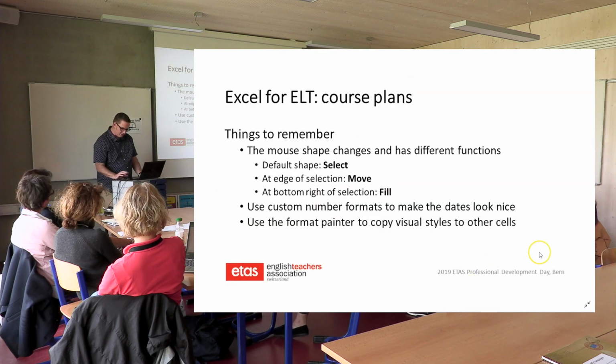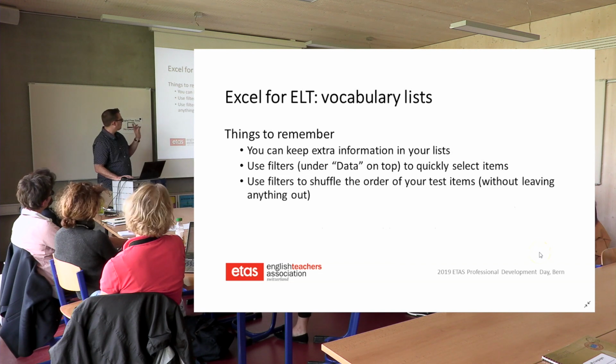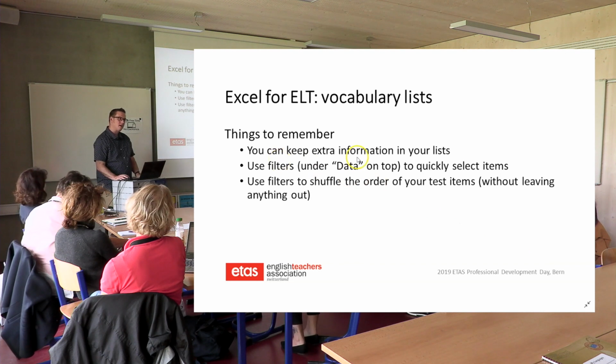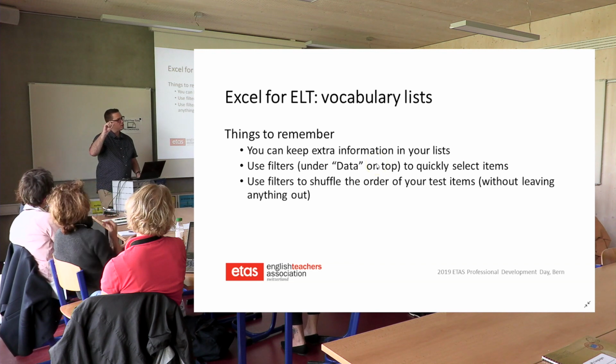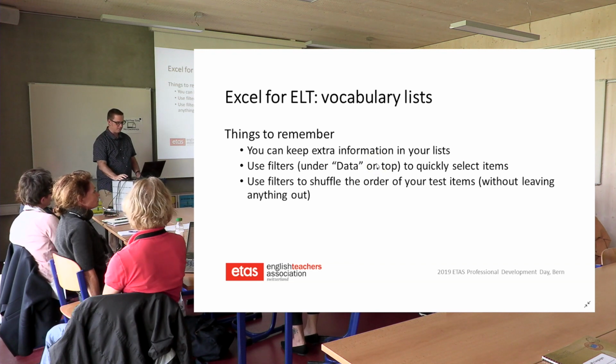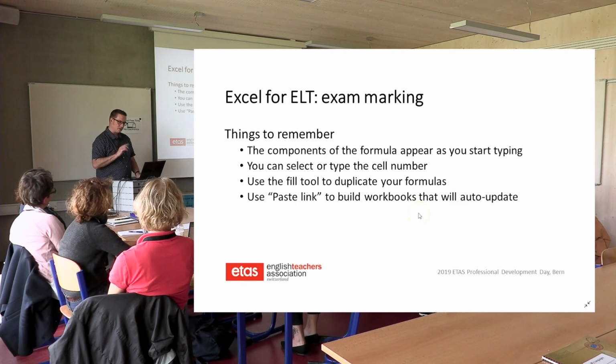So I just want to remind you again of a couple of things. With the vocabulary lists, I forgot to go back here. Use a filter under the Data tab. This is where you can sort the list alphabetically, or you can show only part of the list. And with exam marking, right, the components of the formula appear as you start typing.